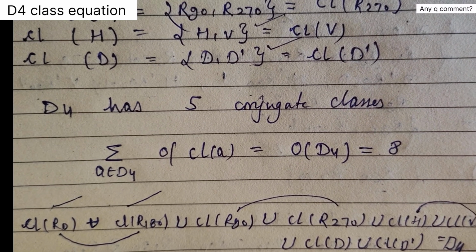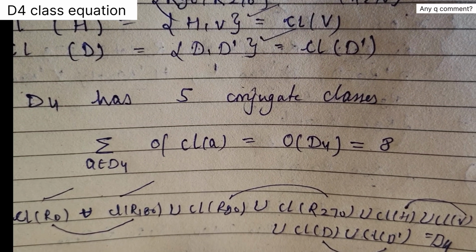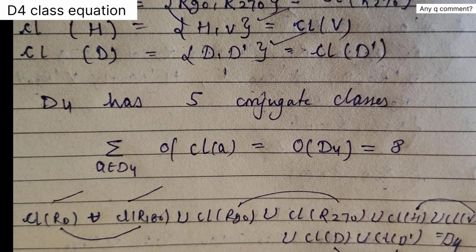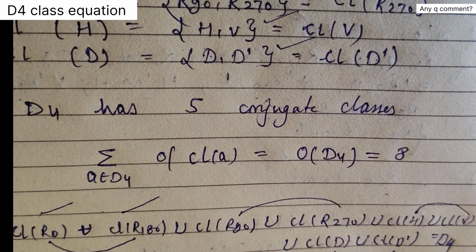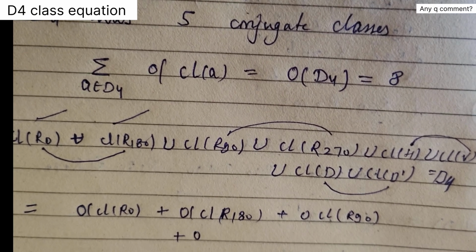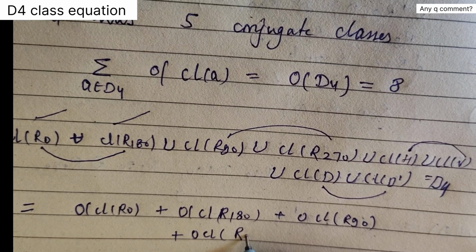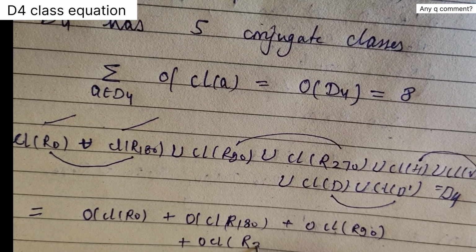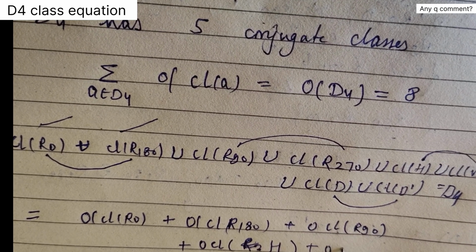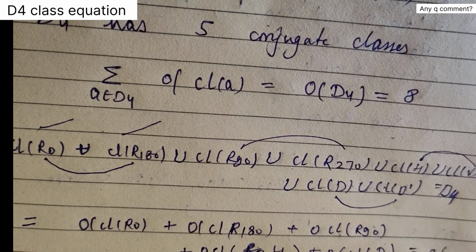So we get the order of class of R0 plus order of class of R180, plus the order of class of R90, plus the order of class of H, plus the order of class of D equals the order of D4.